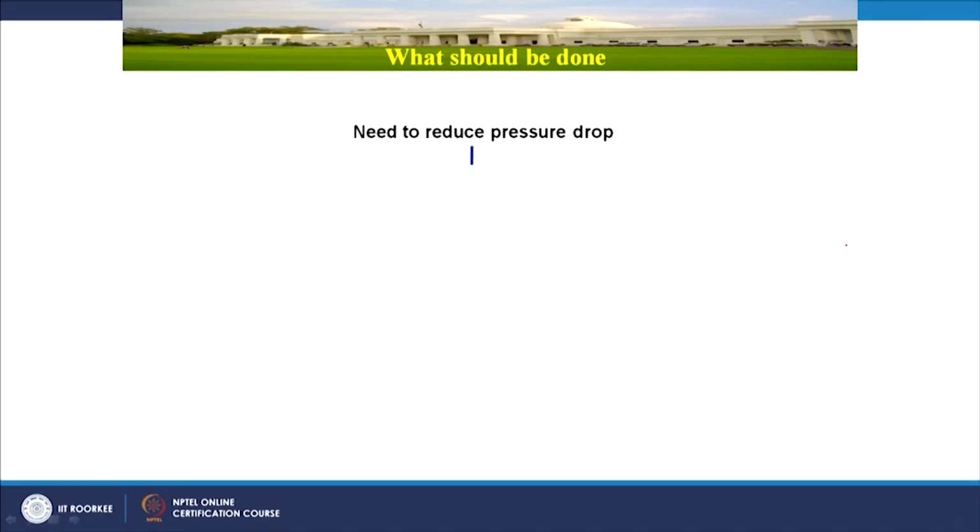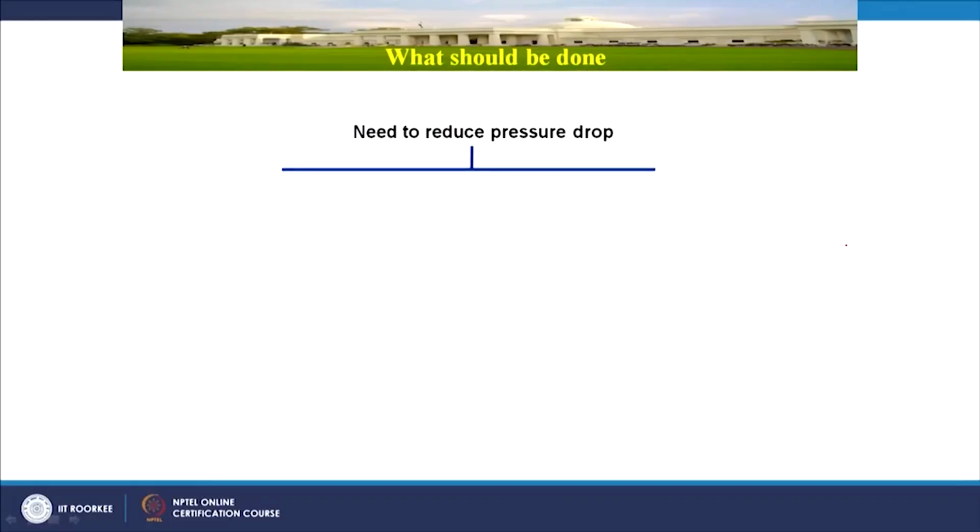And second is, if I need to reduce pressure drop, because I should increase the heat transfer coefficient, but at the same time I should reduce the pressure drop. So, what we have to do to reduce the pressure drop? If I am doing this in tube side, what should I have to do, and when I am doing that to shell side, what should I have to do?